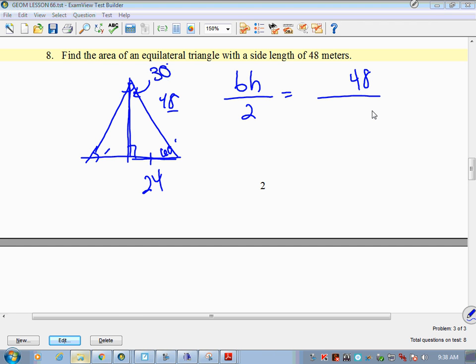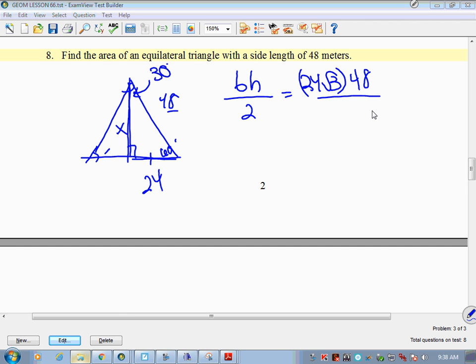Notice that all we've worked with so far is just 30, 60, 90 triangles over and over again. My height of this triangle is that side right there. So x in this case is 24. My hypotenuse is 48. Can you tell me what x is going to be? Perfect, 24 radical 3. So my height is 24 radical 3.